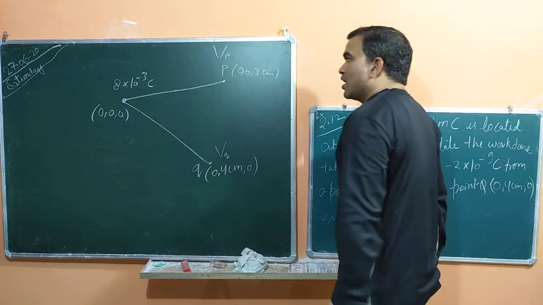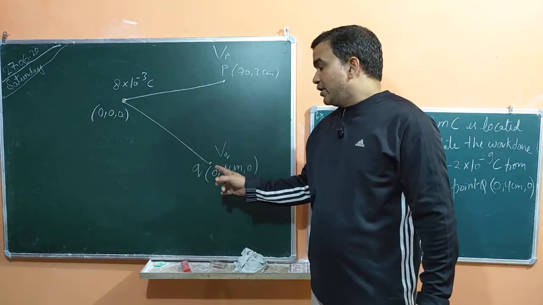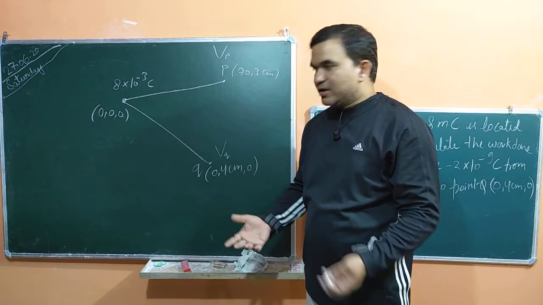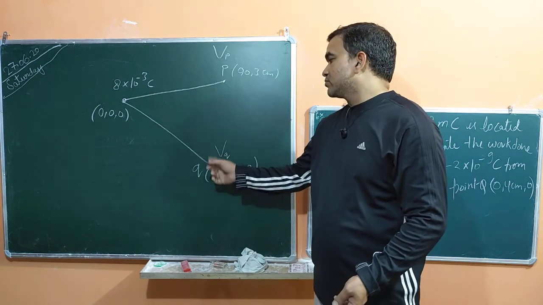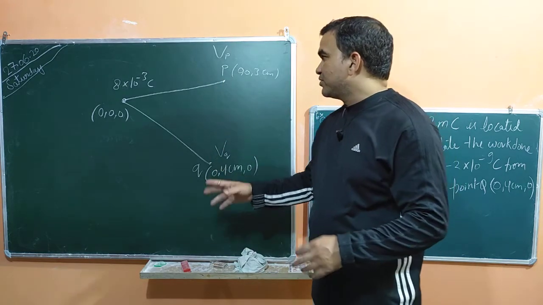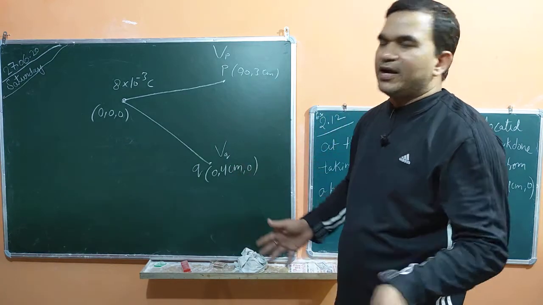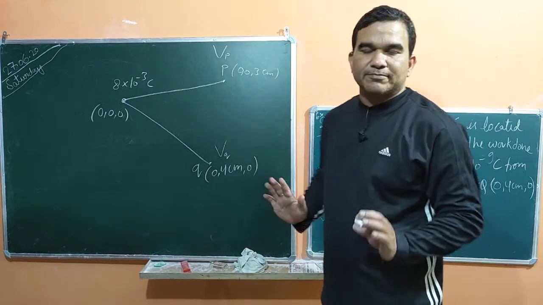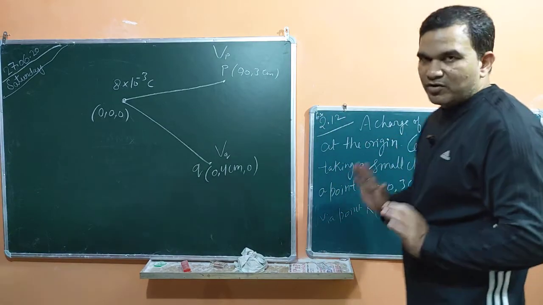Okay, now in order to calculate the work done we need to find the potential difference, these 2 points VQ minus VP. एक बार हम VQ माइनस VP निकाल लेंगे, उसके बाद हमको चार्ज से सिंपली उसको मल्टीप्लाई करके वर्क डन कैलकुलेट करना है. सो दिस इज ऑल वी आर सपोज टू डू ओवर हियर.